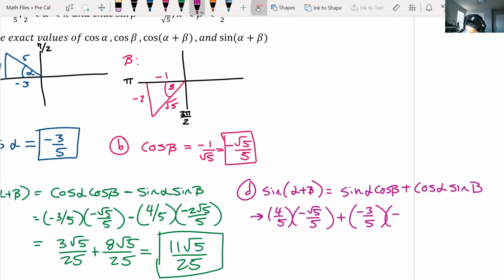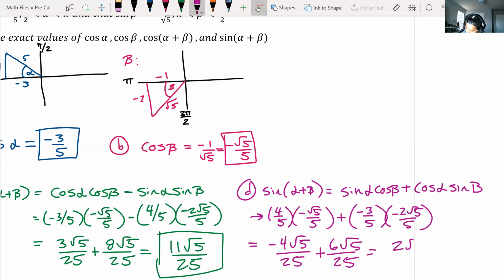Negative 2 square root 5 over 5. Beautiful. Put it together and we get -4 square root 5 over 25, minus minus, that's plus, 6 square root 5 over 25, and add them together. That should be 2 square root 5 over 25. Perfect.